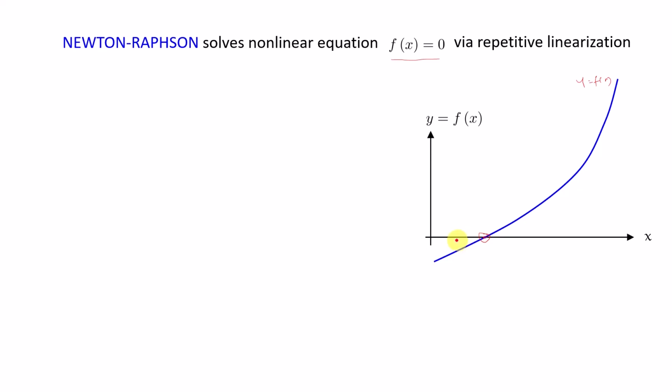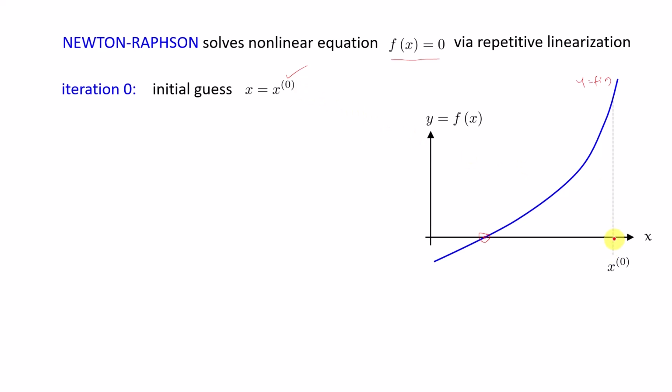Now, unlike the bisection method, here we start with an initial guess, x equals x^(0), where the 0 in the bracketed superscript is the iteration counter. This is our 0th iteration, and the 0th iteration means the initial guess.